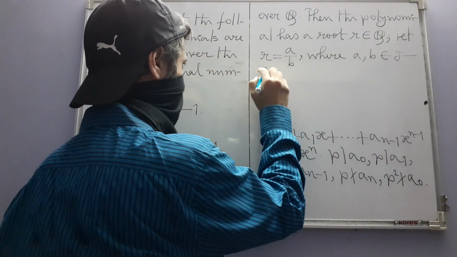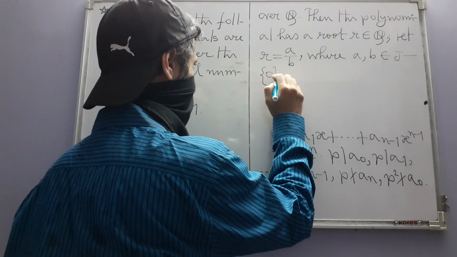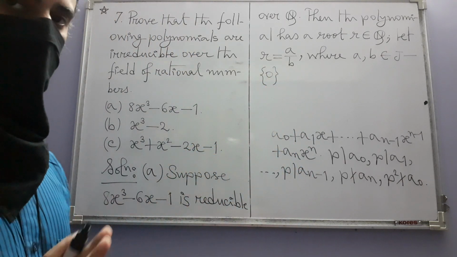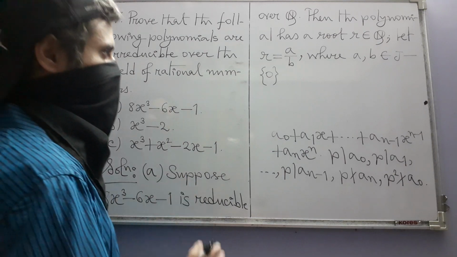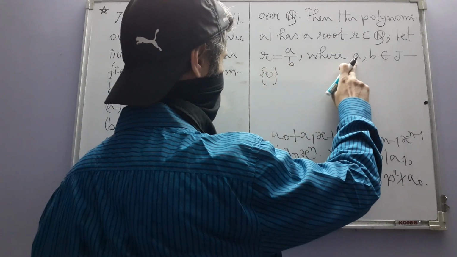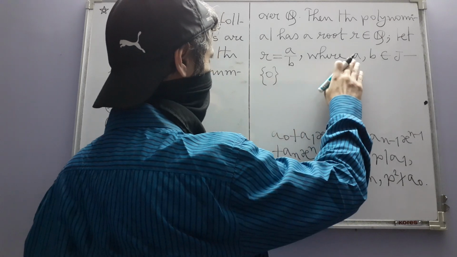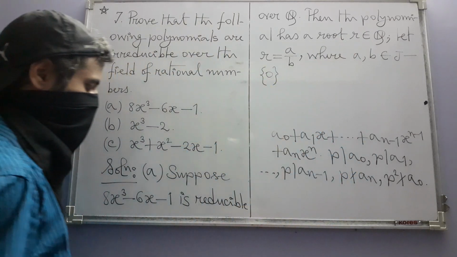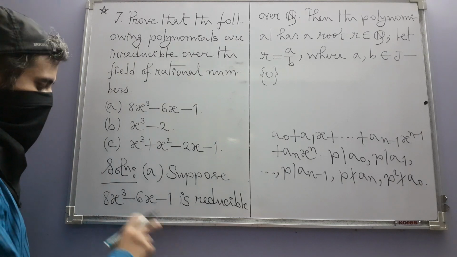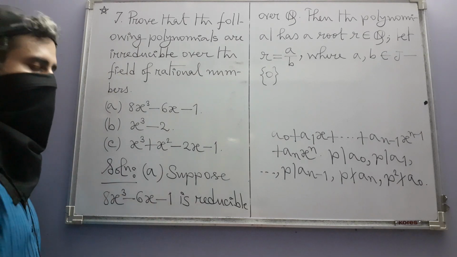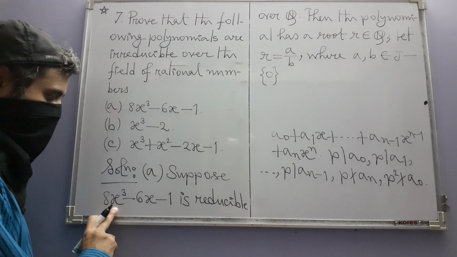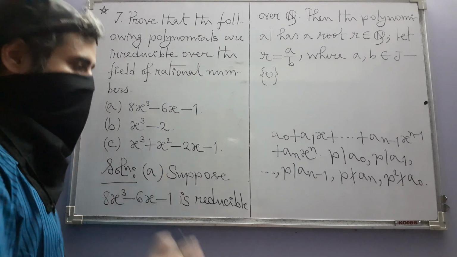Now I also assume that a and b are non-zero. B of course is non-zero, that is always there. However, a is non-zero, and by mentioning this, I mean that r is non-zero. Why? Because r equal to 0 is anyway not a root of this. If you substitute 0 for x, you are going to get -1, not 0.